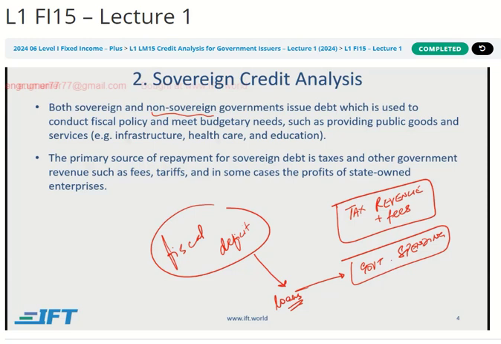And that's where the problem comes in, because the same source, which is your tax revenue and other fees, is what is going to be used to repay. So it's kind of a catch-22 situation, because clearly that source is not enough, as your government spending is more than what you're getting in revenues. If that stays the situation forever, then you will never be able to come out of this problem.